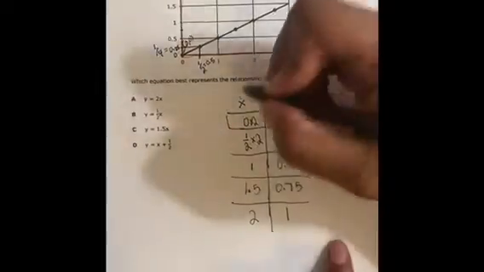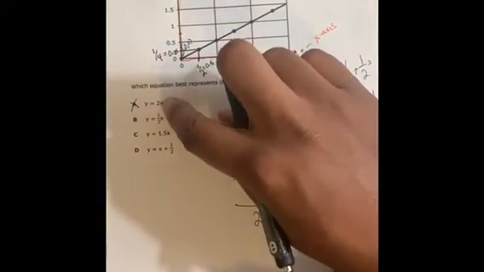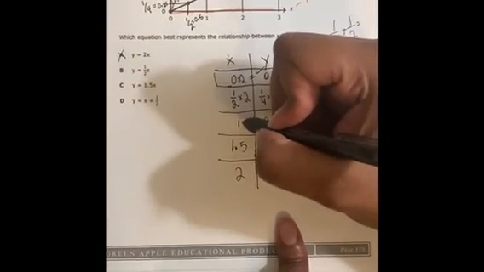Okay, so that's not going to be my answer, because when you multiply x by 2, this one gives me 1/4. So that's not it. So let's look at the next one.